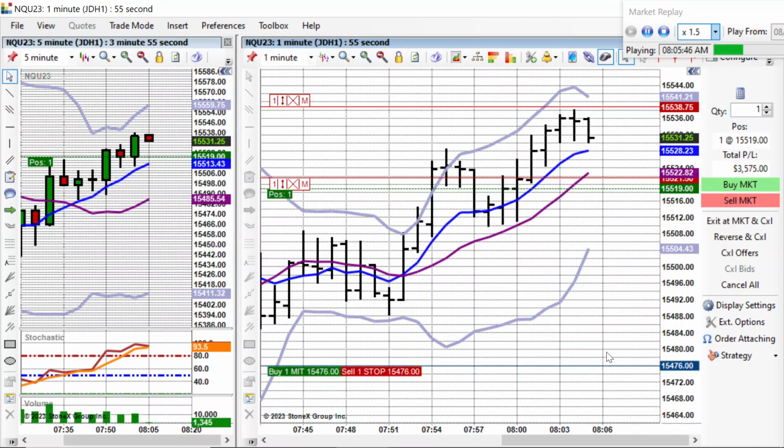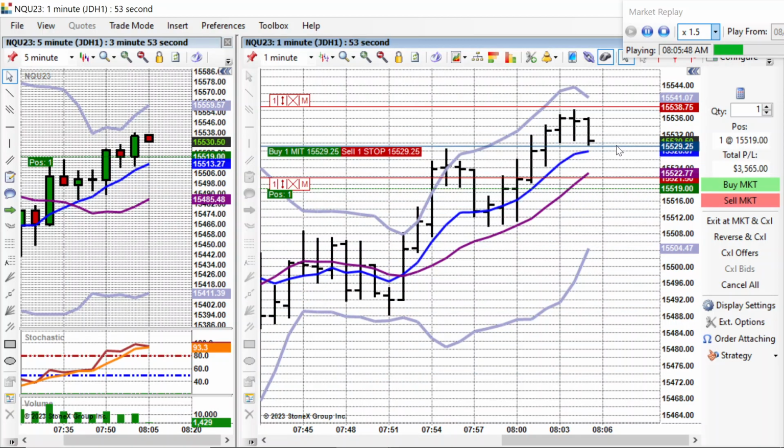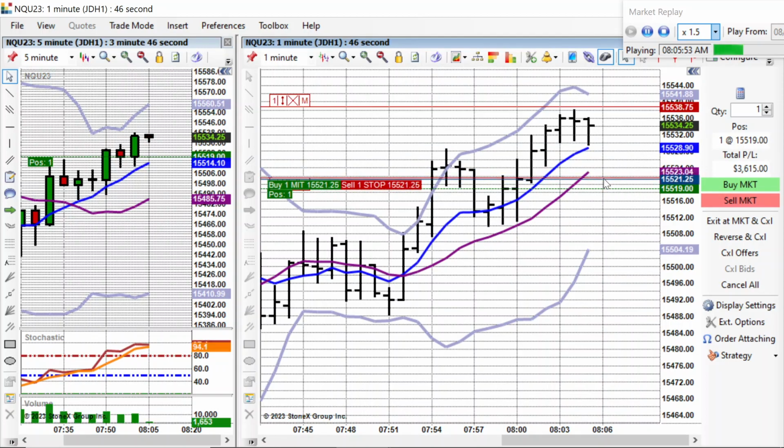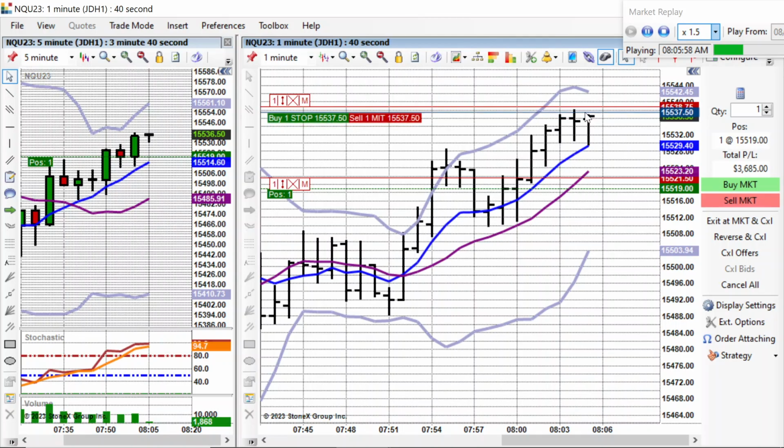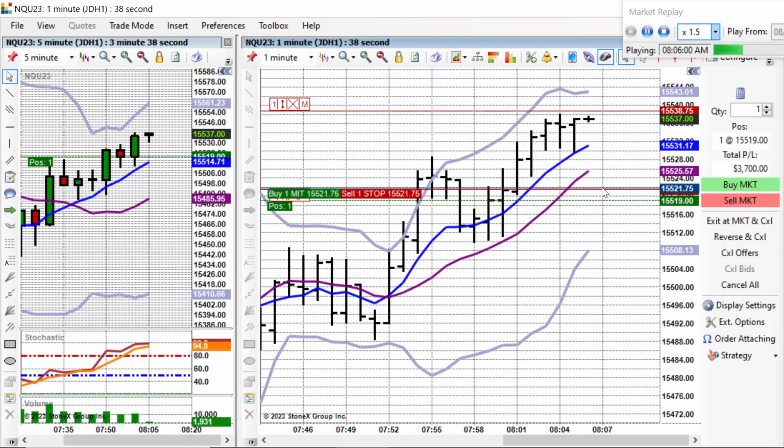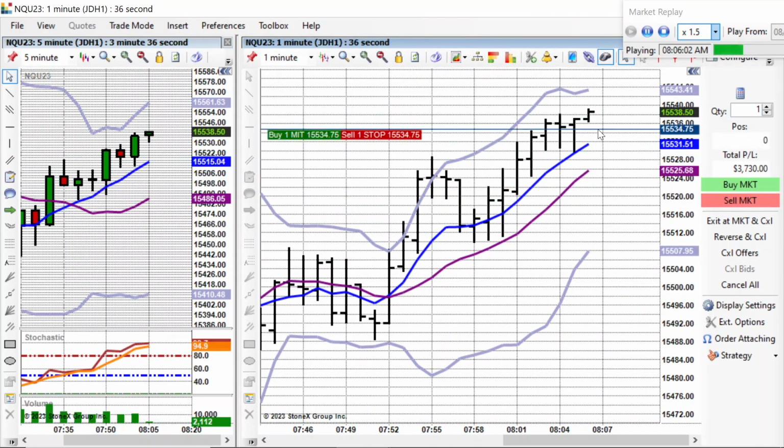Now, if it came back up on the next swing without taking me out at my cost covering stop loss, if it came back up and didn't take me out at that number 2 point, then I'd move it to 5 points. But look, it just took it out.